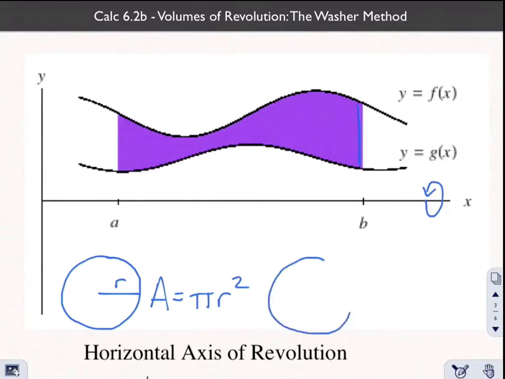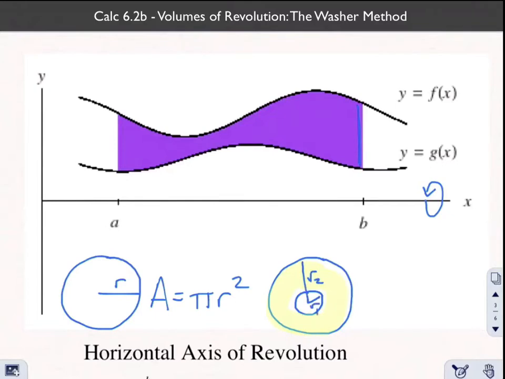Here would be the circle formed by f of x, and here would be the circle formed by g of x. What we want to do is find just this area right in here. You can see now that we actually have two different radii. I'm going to call them r sub 2 and r sub 1.